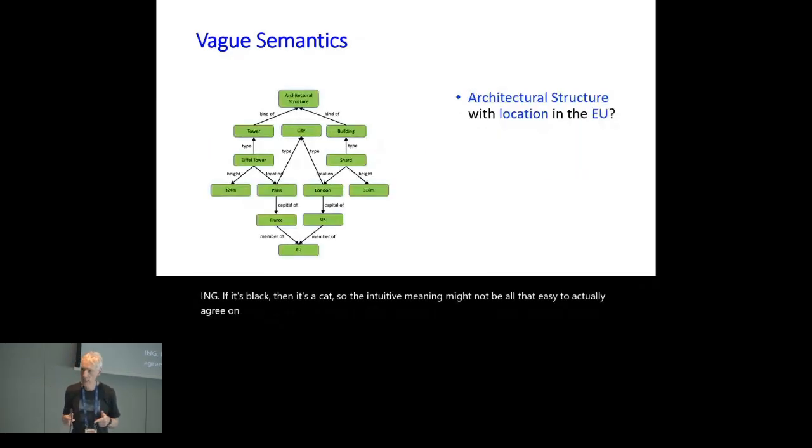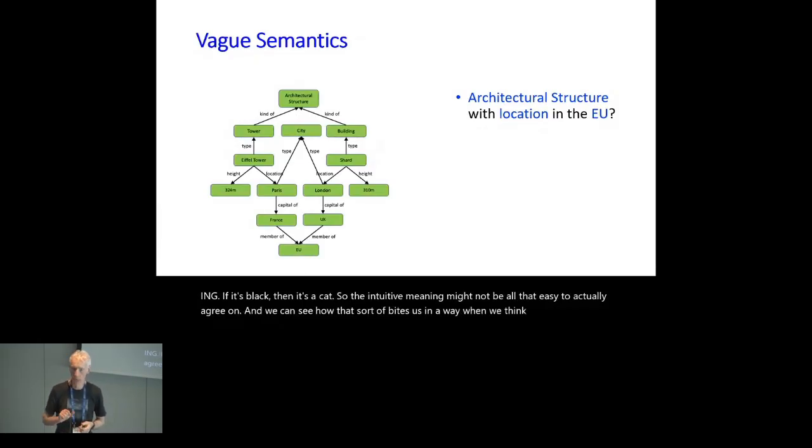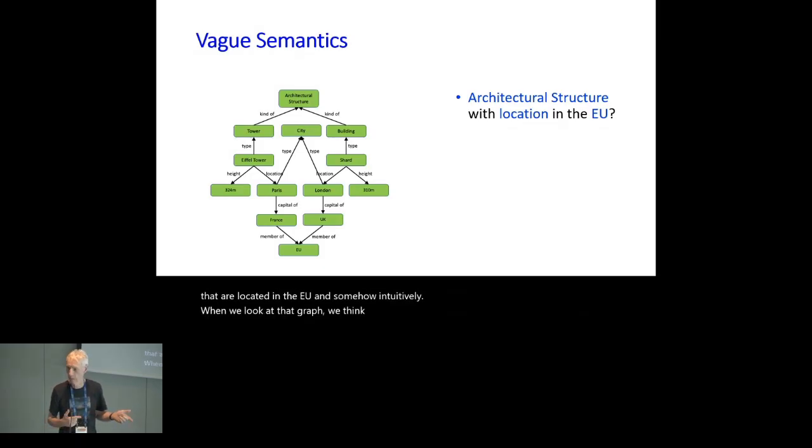We can see how that bites us when we think about a query against this example graph. We might have a query: tell me all the architectural structures that are located in the EU. Somehow intuitively, when we look at that graph, we think we ought to be able to answer that.